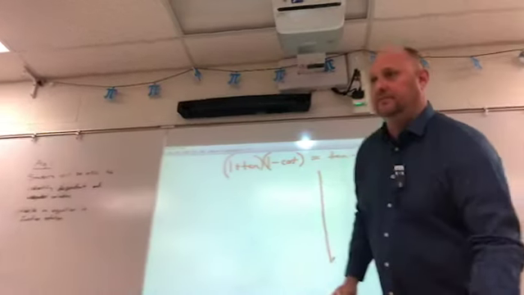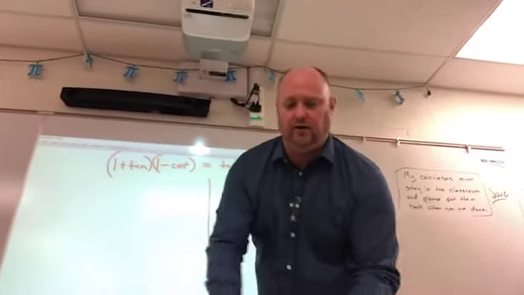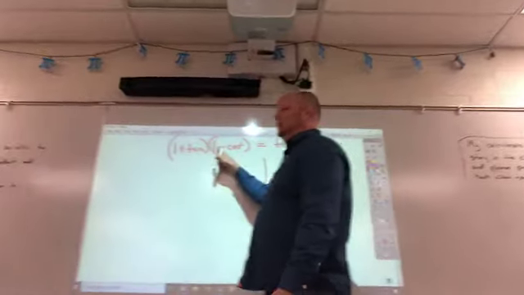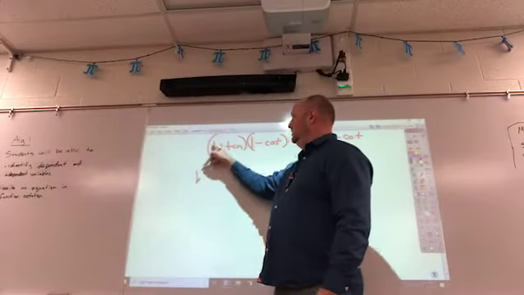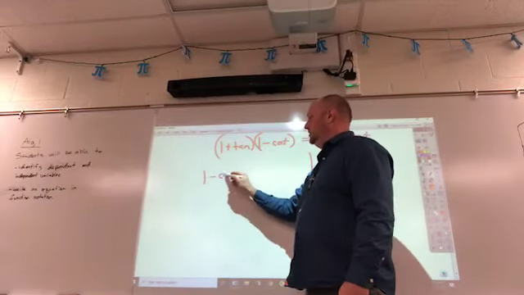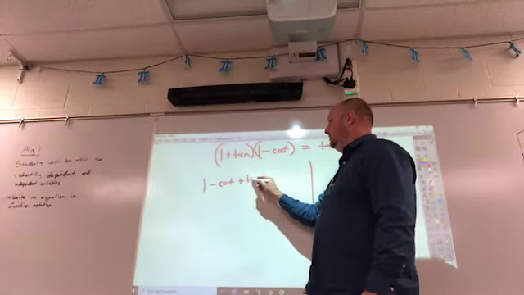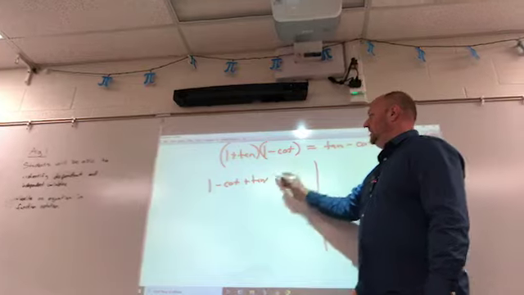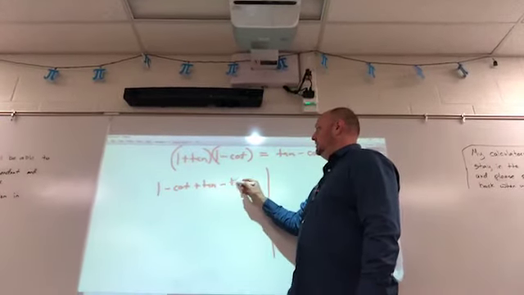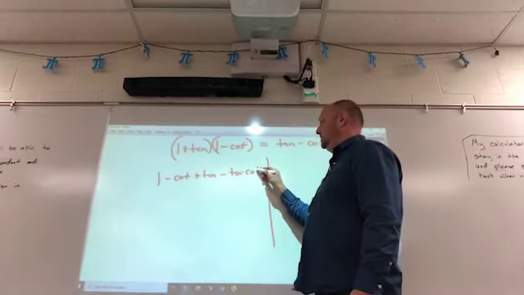I would FOIL. What do you get when you FOIL? 1 times 1 is 1, minus cotangent, plus tangent, minus tangent times cotangent.